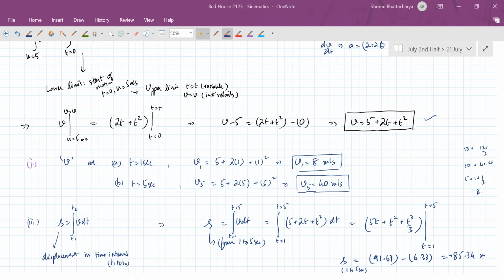No? So basically, you visualize now what you're doing is in your velocity time graph, you're finding the area under the graph from the specific time t equal to 1 second to the specific time t equal to 5 seconds.